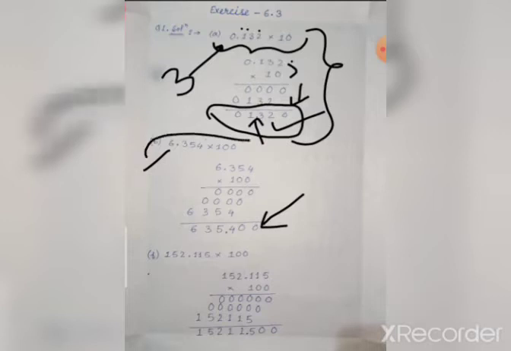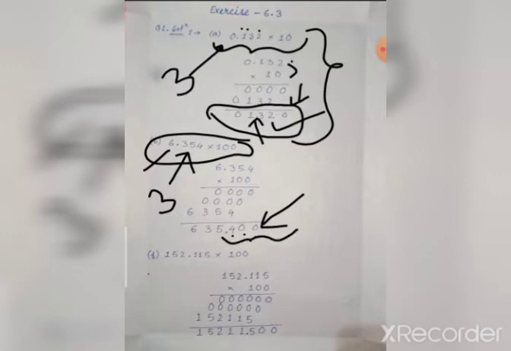In 100 there is no decimal. In 6.354 there are 3 decimal places. So in the answer we have to put the decimal after 3 numbers, so after these 3 numbers we will put the decimal. So the answer will be 635.400. Understand?